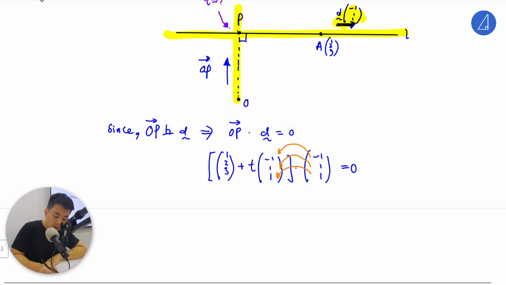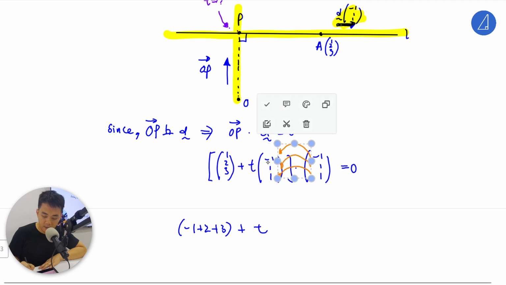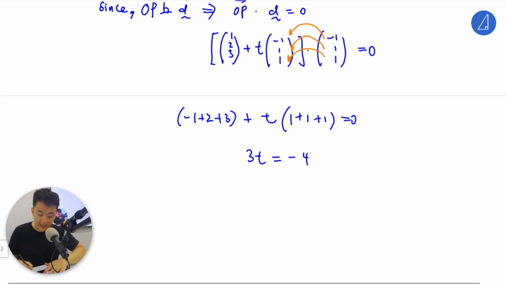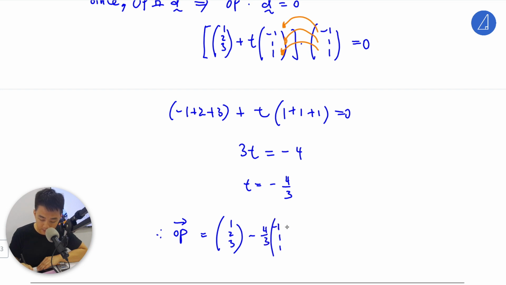So I dot the first one first. It'll be minus 1 plus 2 plus 3 plus T dotted with this. Minus 1 times minus 1 is 1, 1 times 1 is 1, 1. Very good. So I got the parameter value for P. So hence OP will be 1, 2, 3, negative 4 quarter, minus 1, 1.